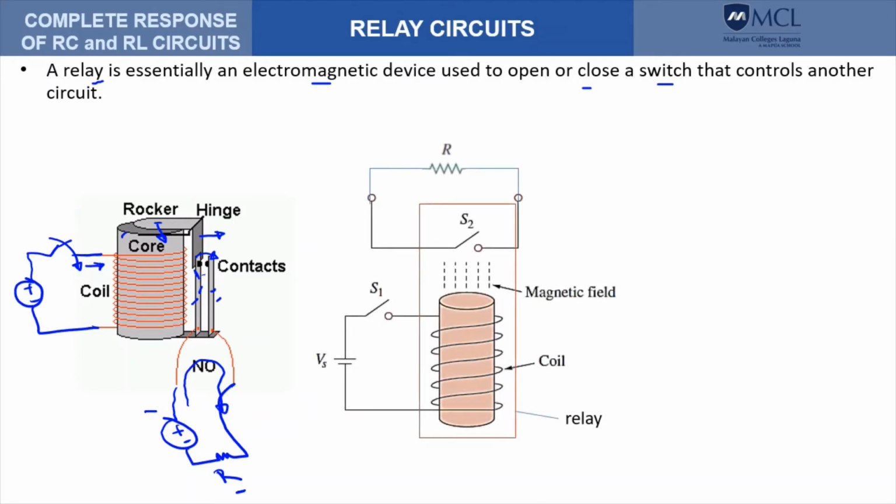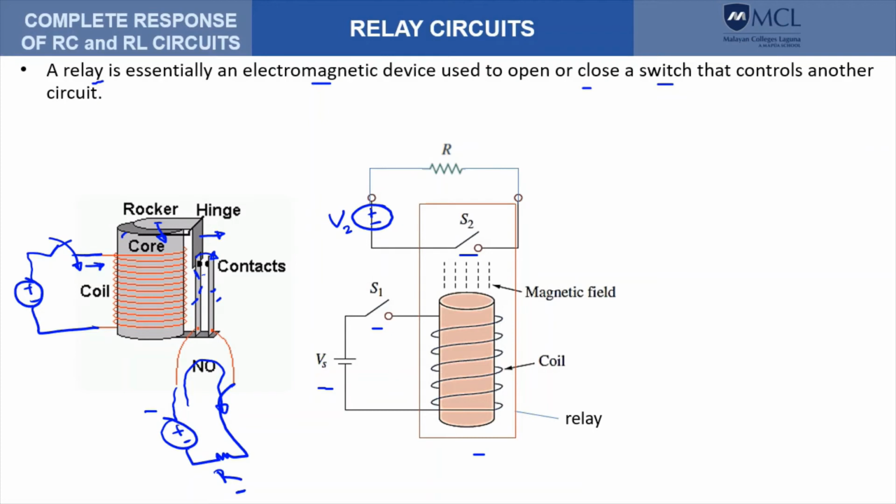We have another simple illustration here of the relay, along with the external circuits. Here the coil is connected to the source with the switch S1, and the contacts represented by S sub 2 are connected to the load R. So let's say we have a source here. Let's call this V sub 2.